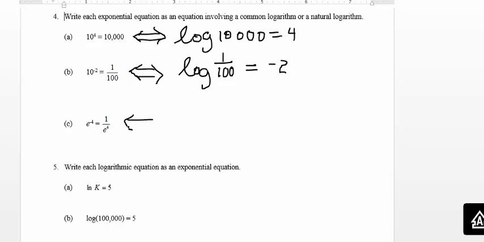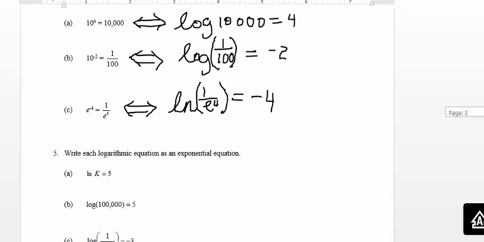So this is equivalent to ln, natural log, of 1 over e to the fourth equals negative 4. So in each case, keep in mind the logarithm equals the exponent.